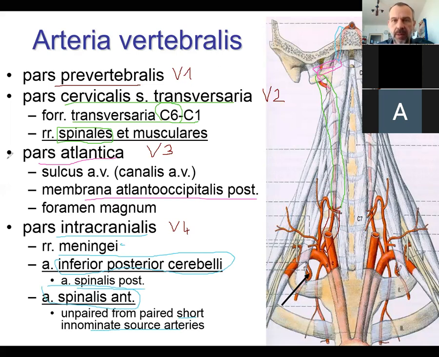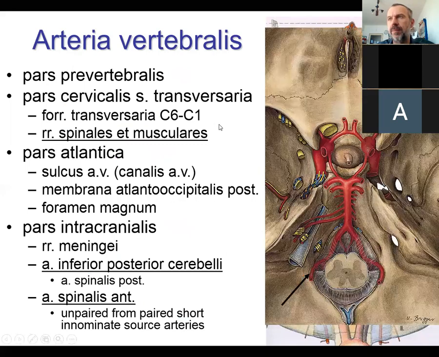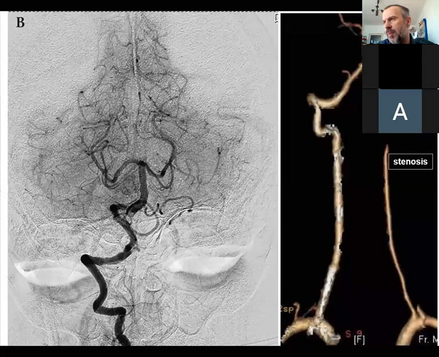So now let's look at the figures. What we can see here is the last segment, the intracranial segment, giving the two innominate branches to form the anterior spinal one, and the posterior is missing in this figure.